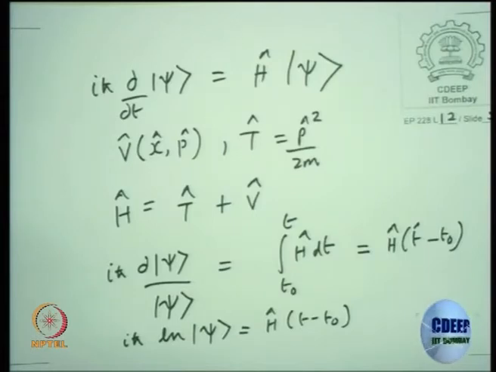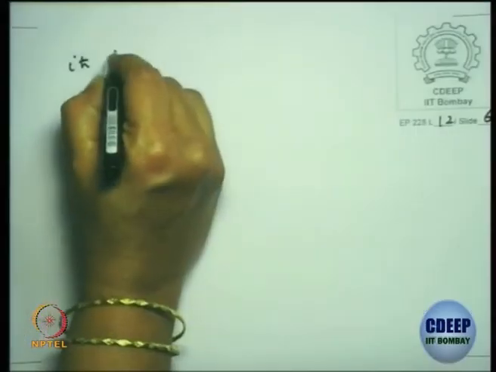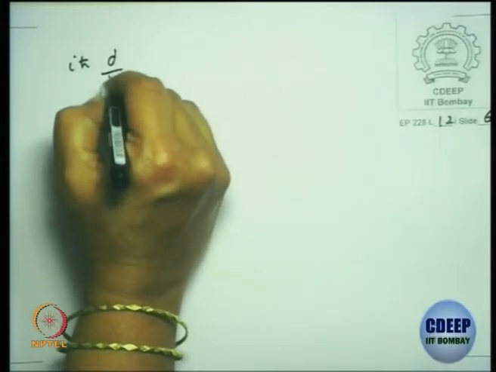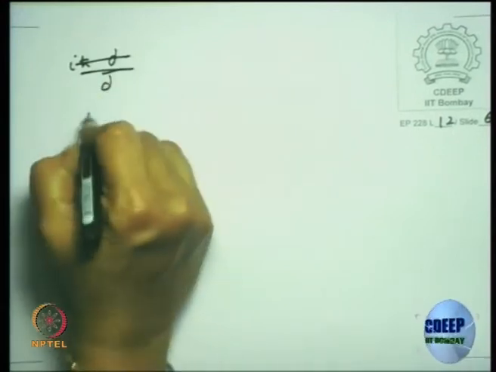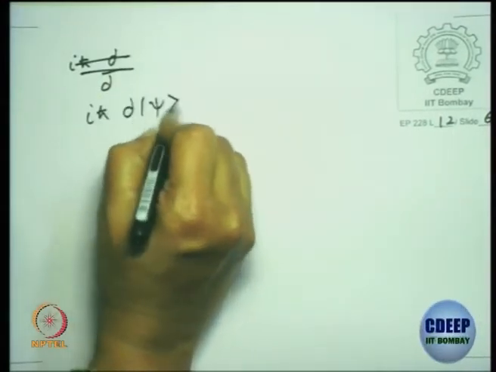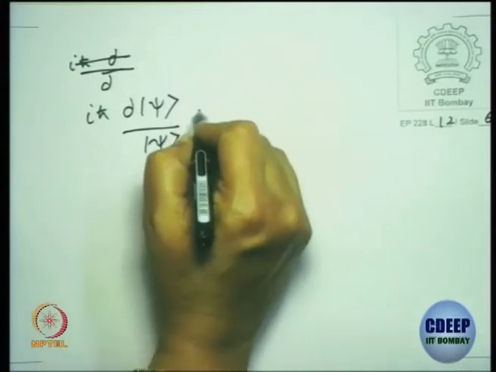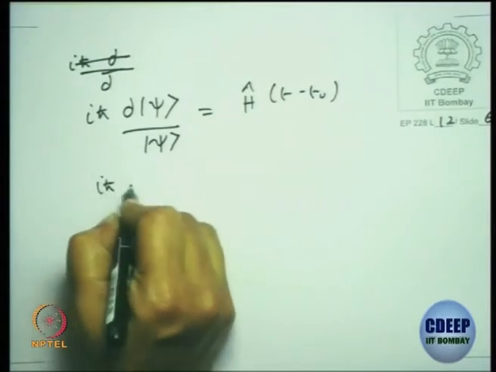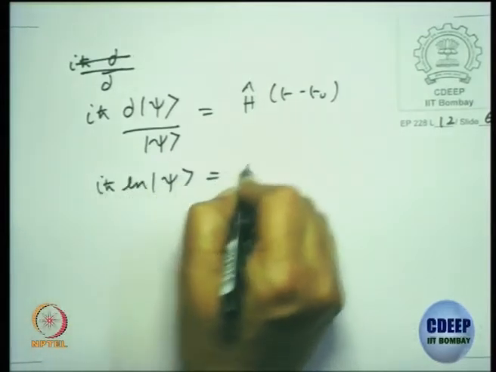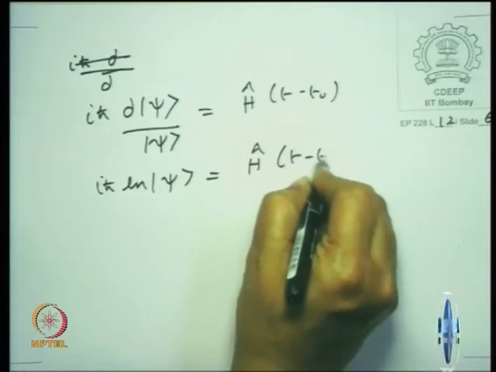and take the exponential on both sides, and then you will get, so we have i h cross del psi by psi equal to H (t minus t naught). i h cross log psi is H (t minus t naught).